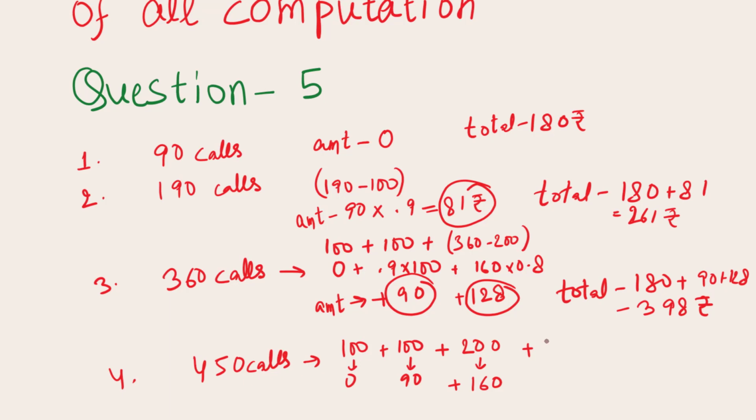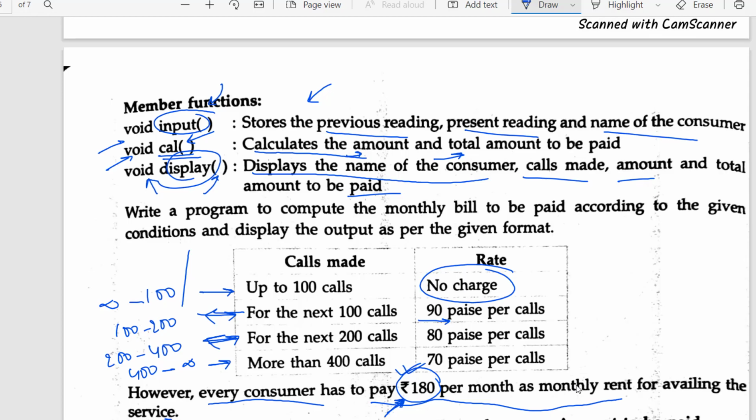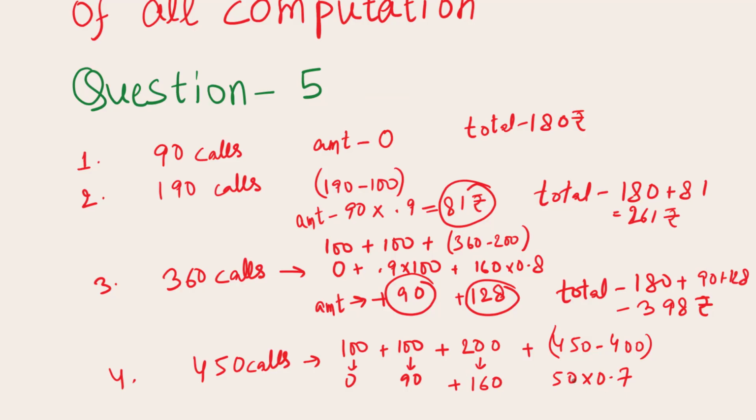So you will subtract 400 from the total calls you have done. You will get 50 calls, and for these 50 calls you have to pay 0.7, like 70 paisa. How do I know? I saw the chart, 70 paisa per call. So 7 fives are 35, so it is 35 rupees.